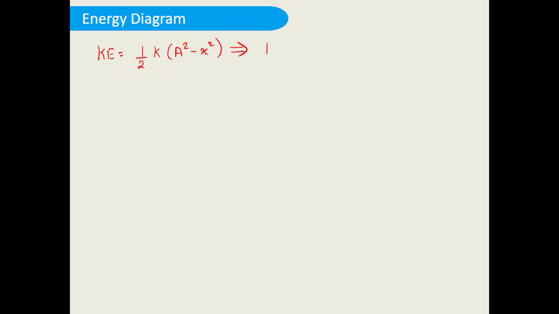What we concluded is kinetic energy is maximum, and the maximum value is total energy, which is half k a square. This is at mean position. While kinetic energy is minimum, and the minimum value is equal to 0 at extreme position. Extreme position means including positive as well as negative extreme position.